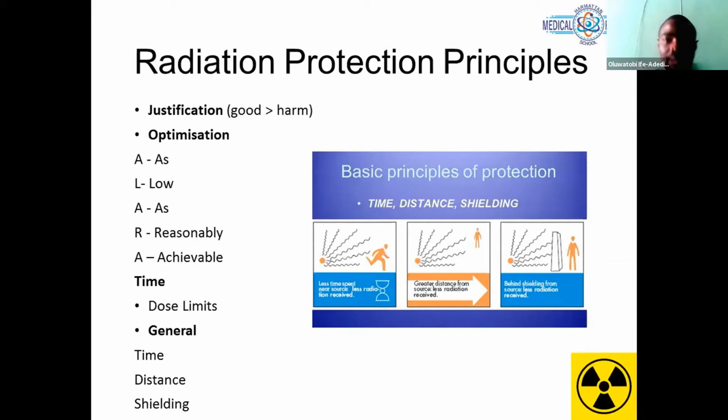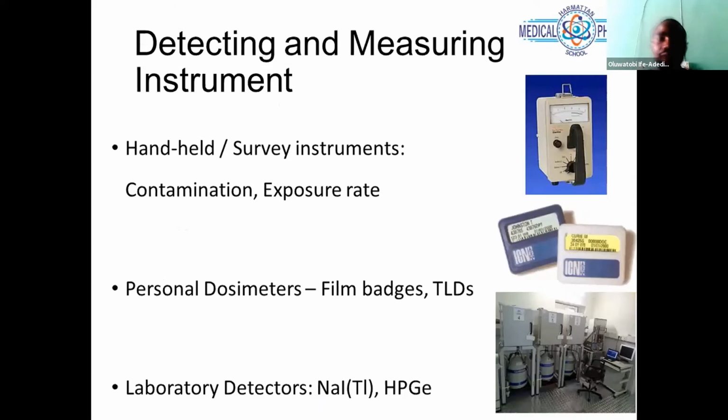So in health physics, there are instruments that can be used to detect radiation. Some of them are handheld, and we refer to them as survey instruments, which most of the time are used for detecting contamination or exposure. For example, you have a health physicist coming from the hospital and from a treatment theater or something.